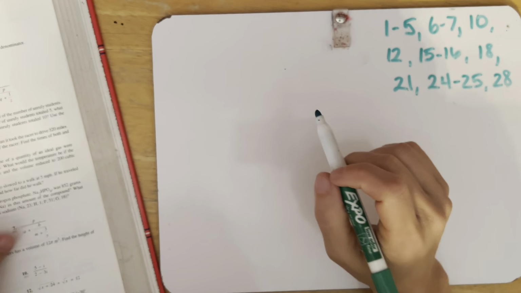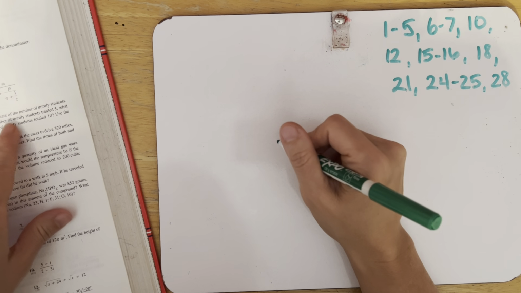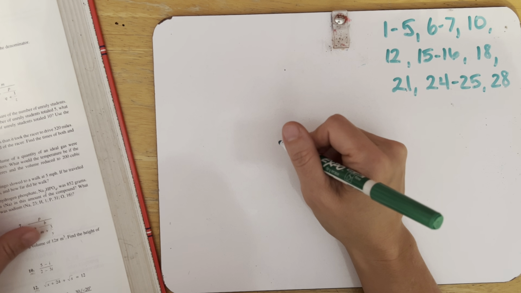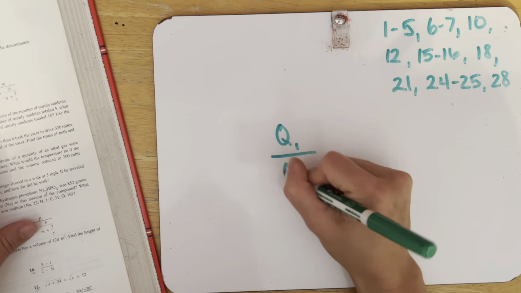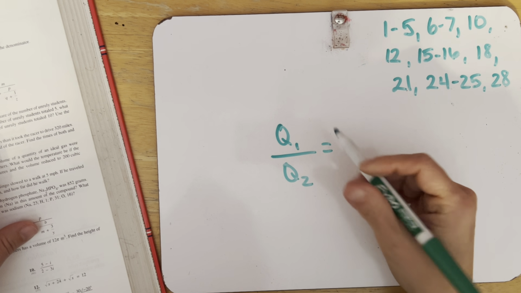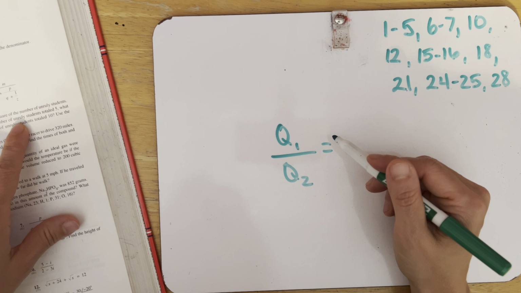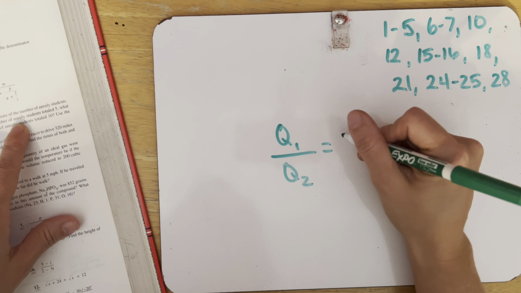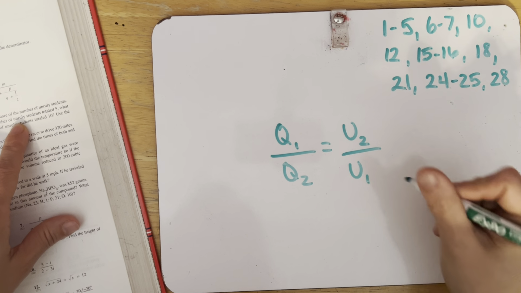All right, so it says it varied inversely. So that means, what should we call all this stuff? Discipline quotient. Okay, I guess we'll say quotient 1 over quotient 2 equals unruly, because it's inversely, unruly 2 goes over unruly 1.